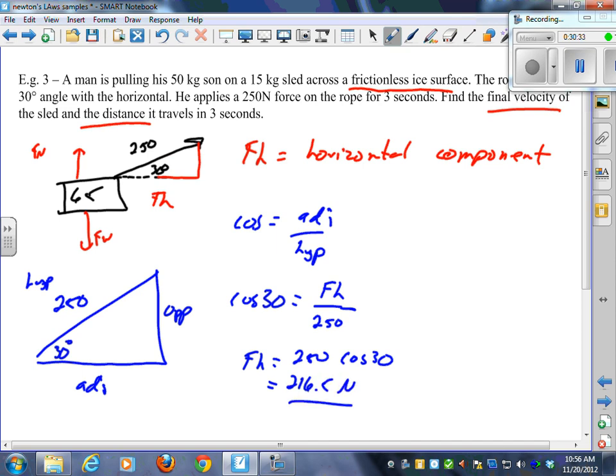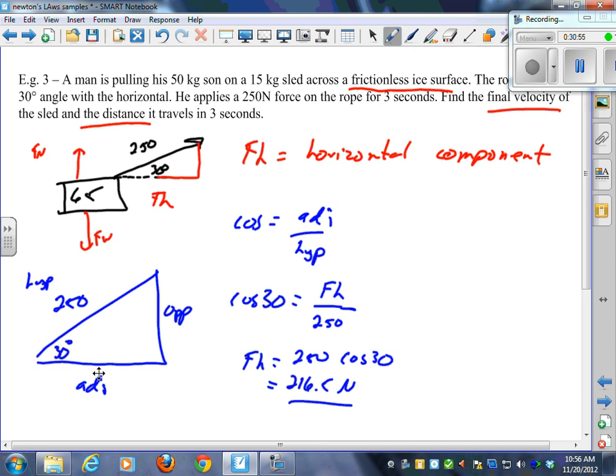Can I give you an always rule? Would you like a rule for all this kind of stuff, so that you don't have to go through all that all the time? Can I give you a new formula? Is the horizontal component always going to be the adjacent side to this angle? Like, if I draw that angle, is this one always going to be adjacent? Absolutely.